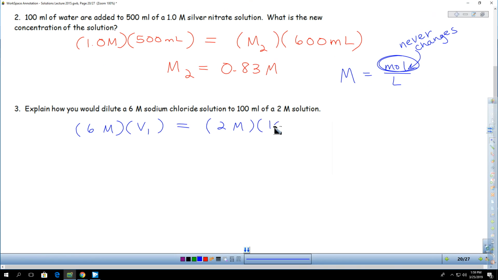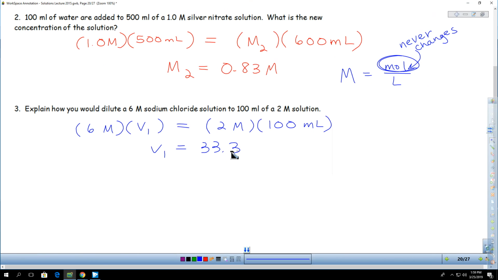M2V2. And I know the volume that I want, 100 milliliters. Sweet. So often we're solving for the volume of the original concentrated solution. So I'm going to plug this in as 2 times 100 divided by 6. And V1 is a big fat, I'm going to say 33.3.